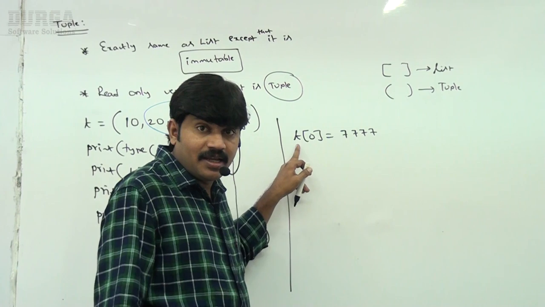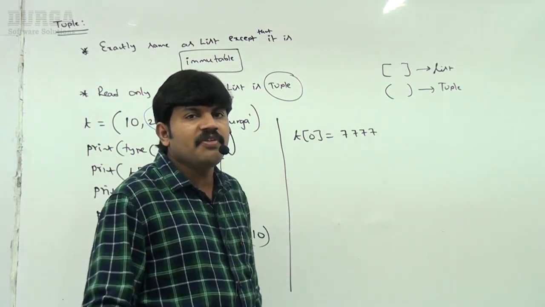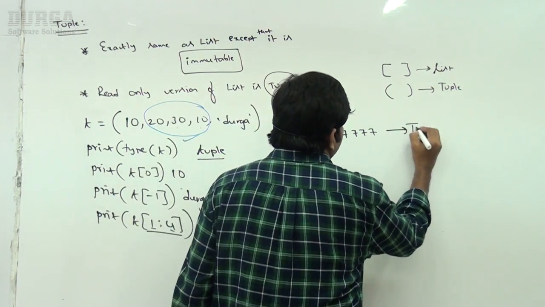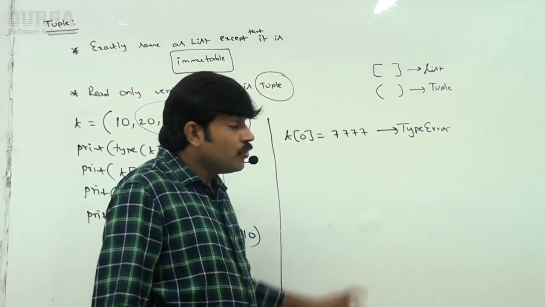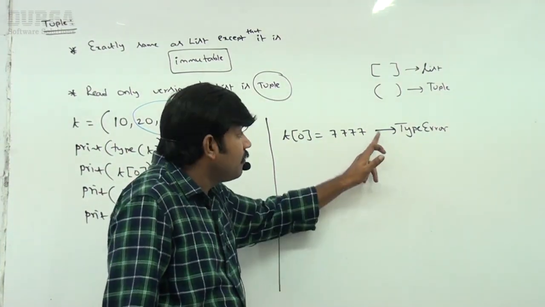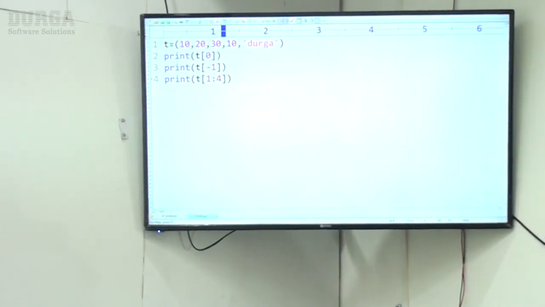So tuple is already immutable. How can you change the content? PVM is going to give left and right. Okay, we are going to get type error. Remember, we are going to get type error because we can't perform any changes in that object. Observe carefully, sir. Have a look once.